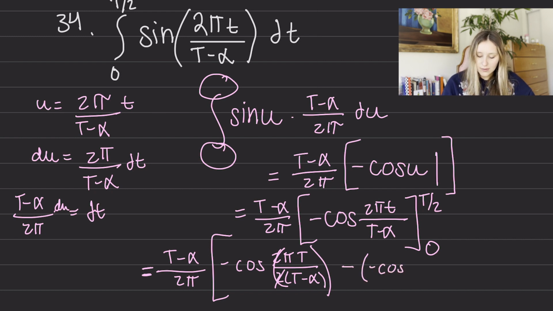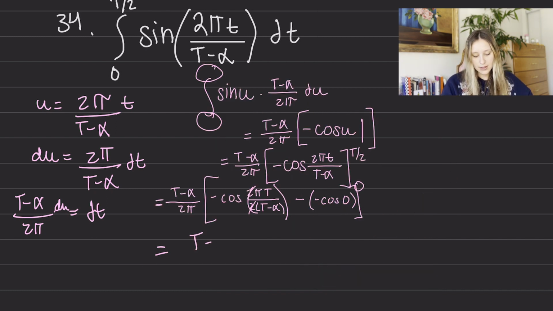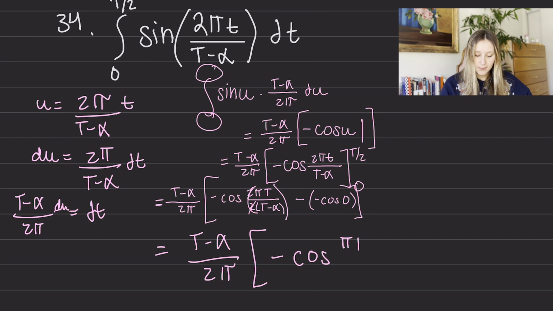We have a minus cosine of 0 in there. Cosine of 0 is 1, minus cosine of 0 is minus 1. We have that minus here, and that's going to be 1. Final answer is going to be t minus alpha over 2 pi times minus cosine of pi T over t minus alpha plus 1.